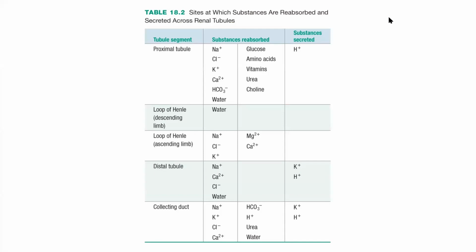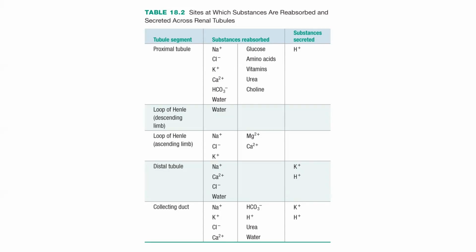And we talked about the ability for the proximal tubule, the distal tubule, and the collecting duct to secrete these hydrogen ions. That is to lose it into the urine, to lose it into the tubular fluid. And so this is a part of that acid-base balance, the ability of the kidneys to secrete hydrogen ions and to lose that excess hydrogen, which is acid, into the urine.